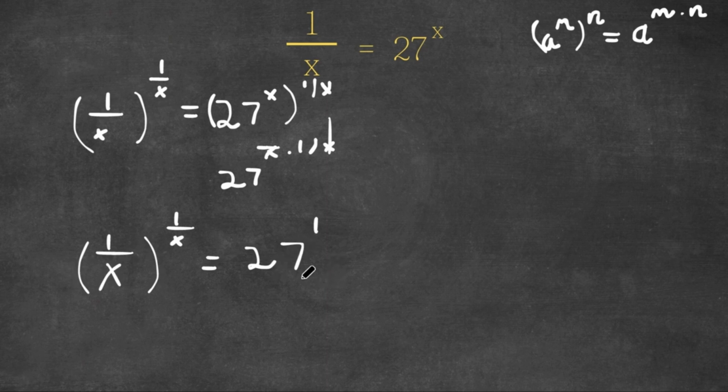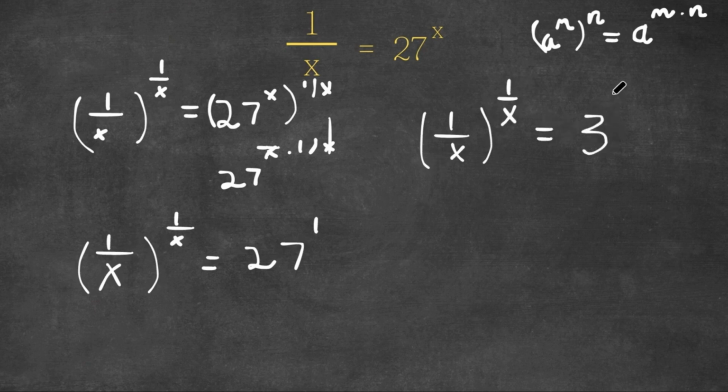Now 27 is the same thing as 3 to the power of 3. So now we have (1/x) to the power of 1/x is equal to 3 to the power of 3.